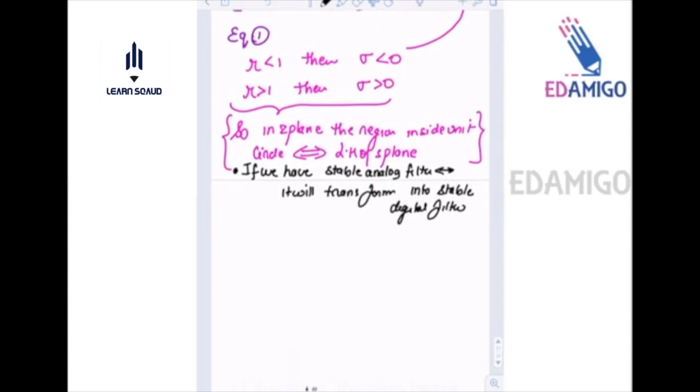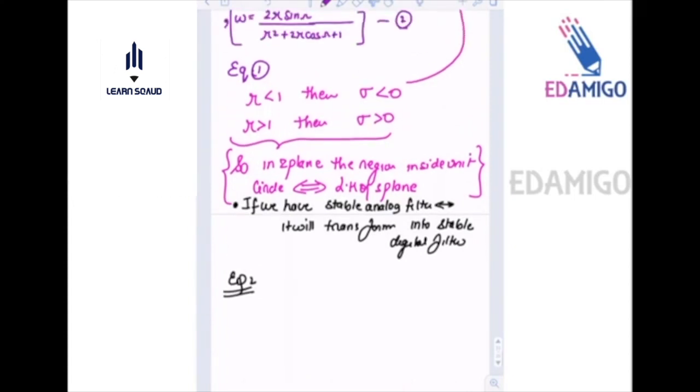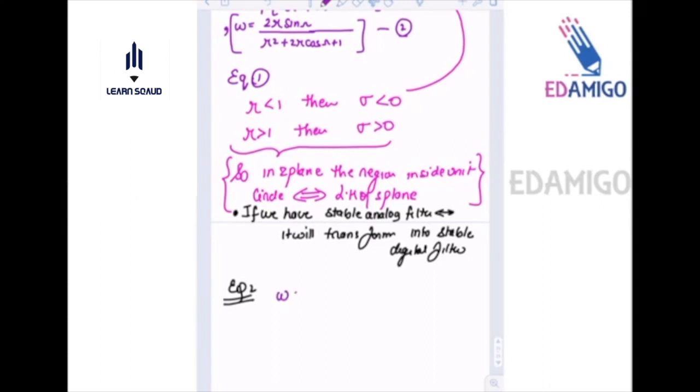Now from equation number 2, if you look at equation number 2, it is: omega is equal to 2r sine sigma on r square plus 2r cos sigma plus 1.